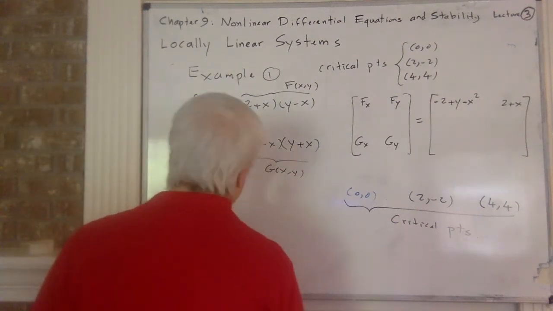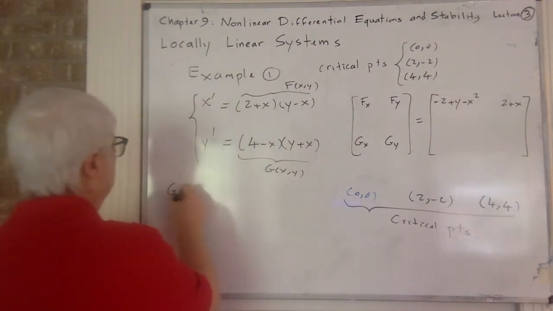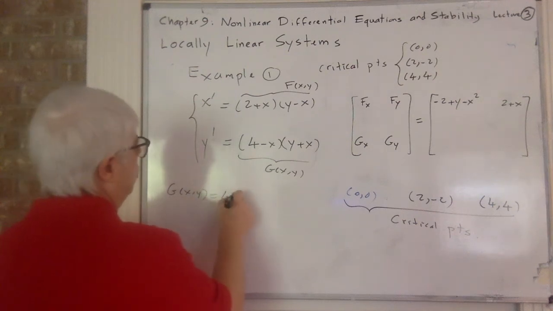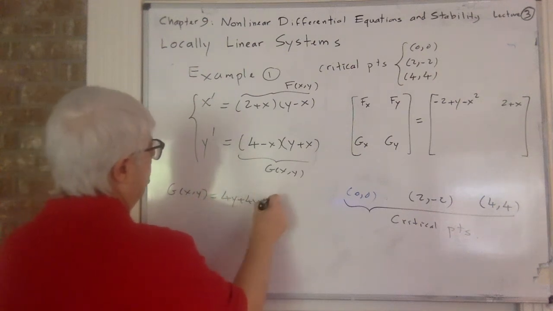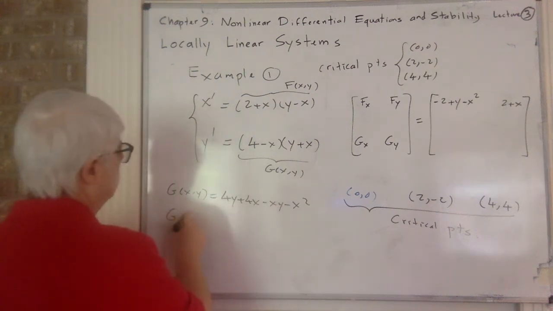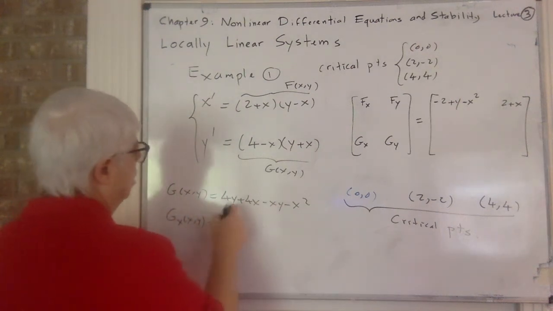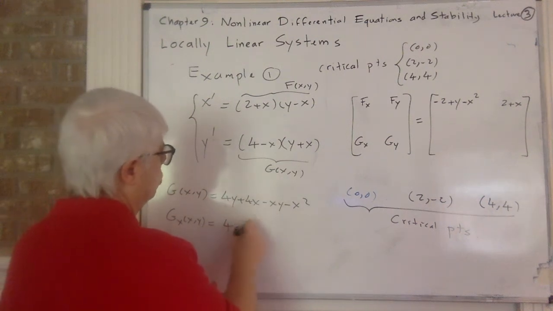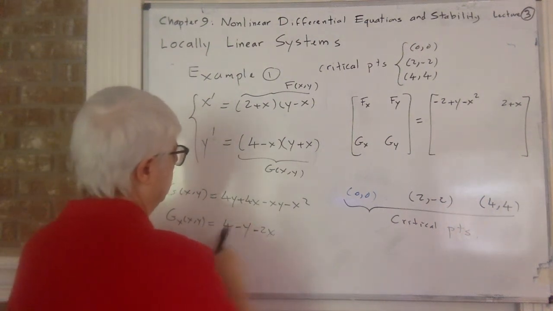g(x,y) is 4y plus 4x minus xy minus x squared. So g_x(x,y) will be, this is 0, I have a 4 here, minus y minus 2x.